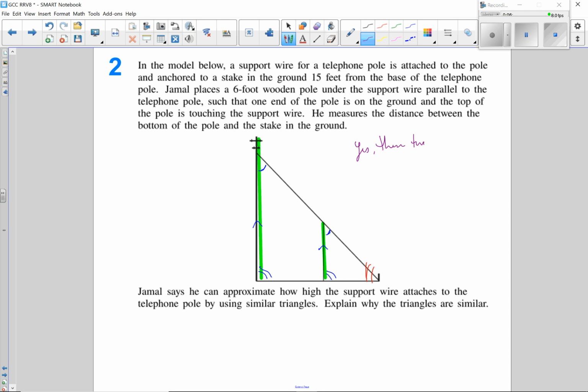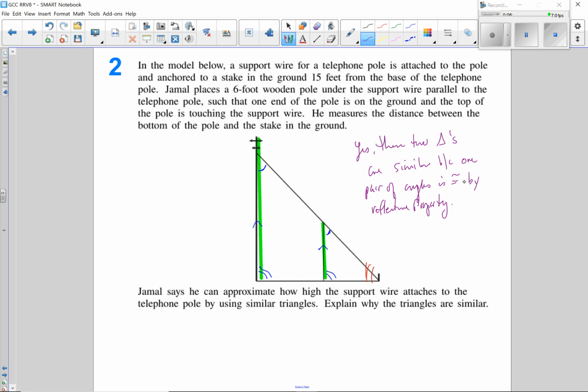these two triangles are similar because one pair of angles is congruent by reflexive property. That would be my red angle here.